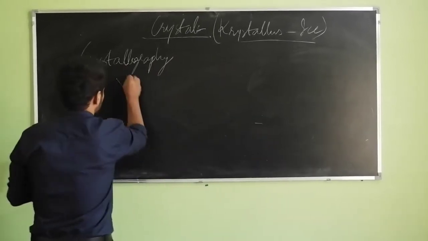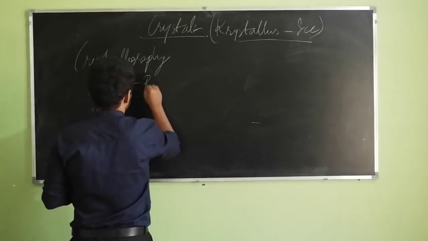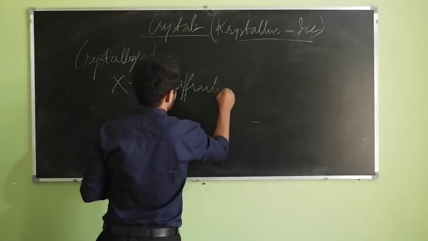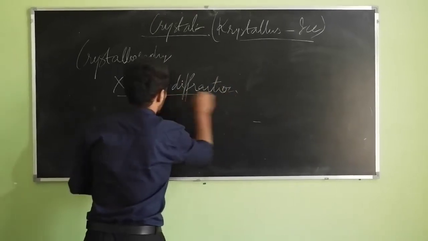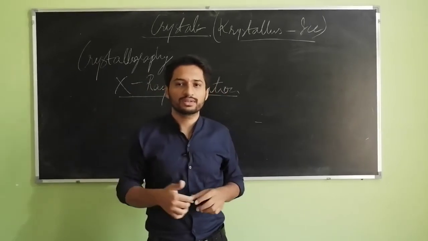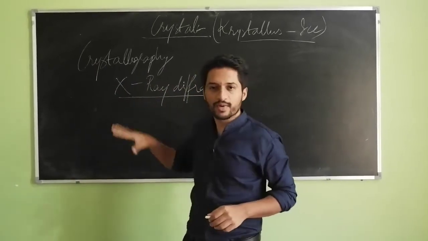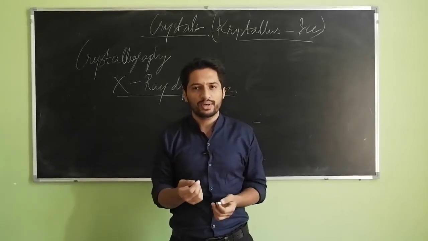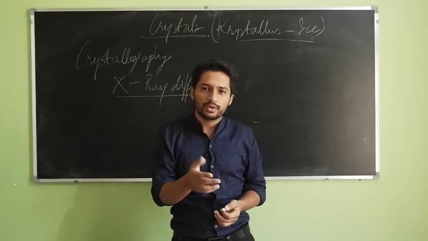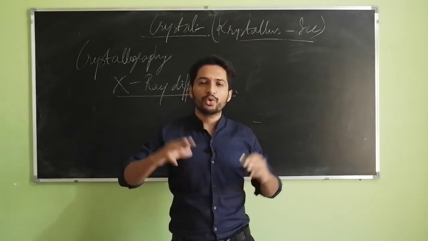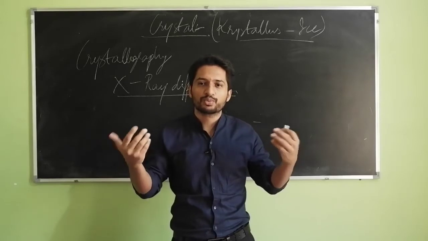There is a technique in this which is known as X-ray diffraction. That's the major technique. What happens in this, I'll explain just after this. The question is, how do we know the bond length? You see in your books the bond length, the bond angles, the different huge molecules like biomolecules, proteins.